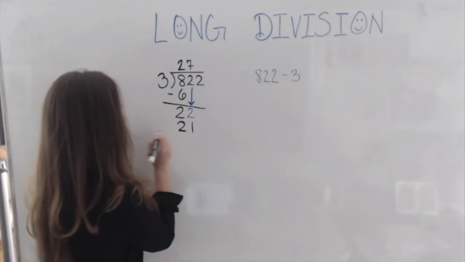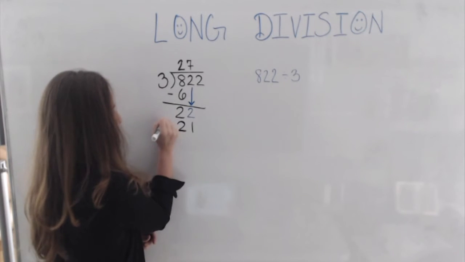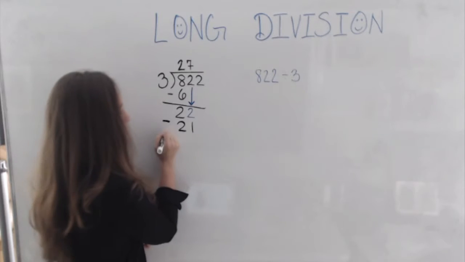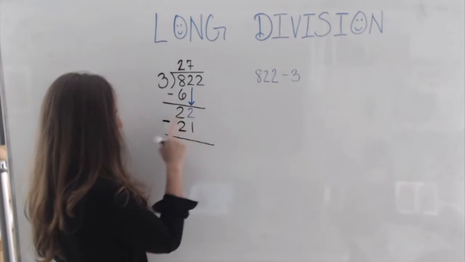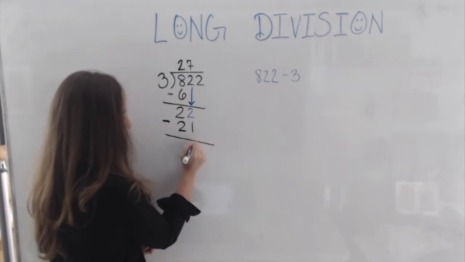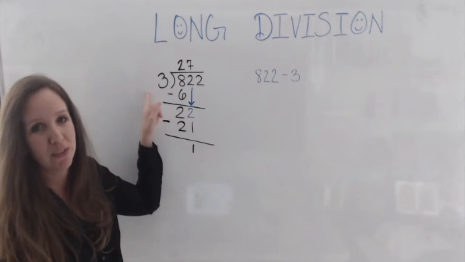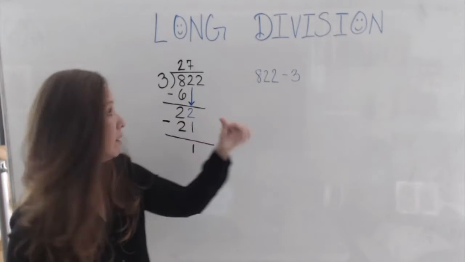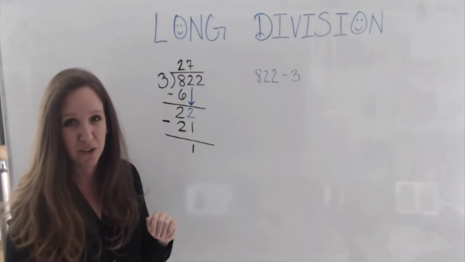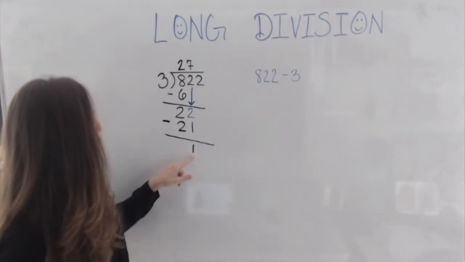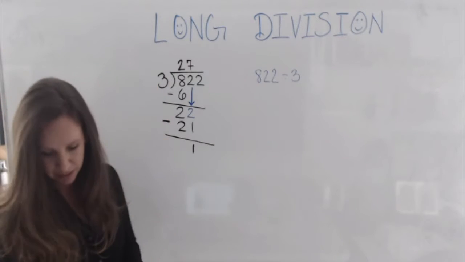Just like last time, we subtract, and 22 minus 21 is 1. If this number is ever bigger than this one, it means you needed more when you were doing your division. So this number should always be smaller than this.